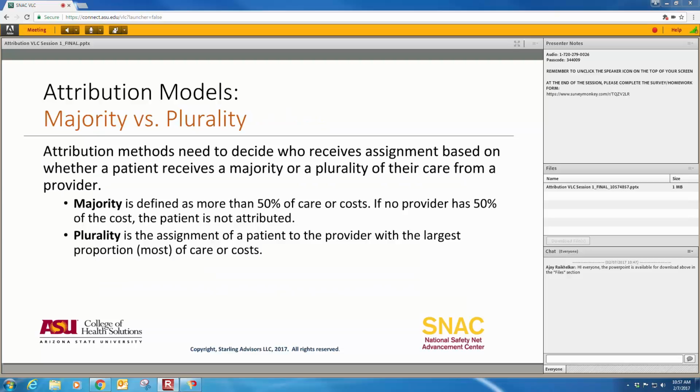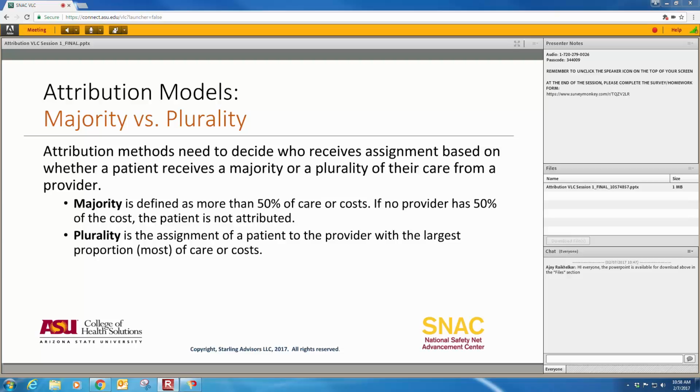We want to look at now the concept of majority versus plurality of care. And as we look at different attribution models in this educational forum, we're going to talk about different types of models that are based on either majority or plurality. In a majority-based model, for example, a patient may only be assigned to an organization or to a provider if more than 50% of their care or costs reside within that system.